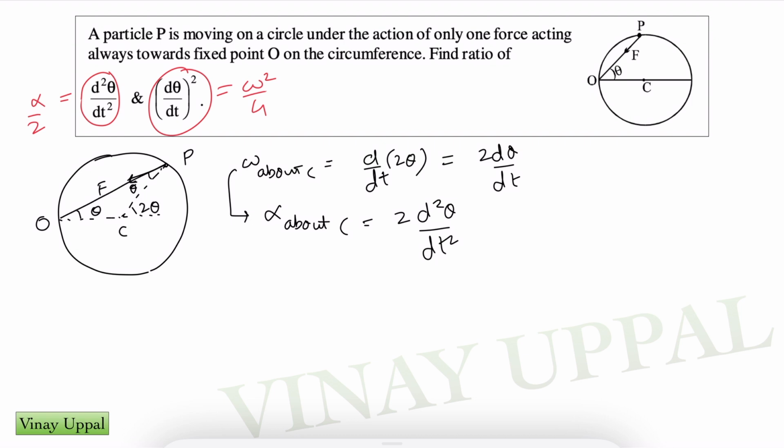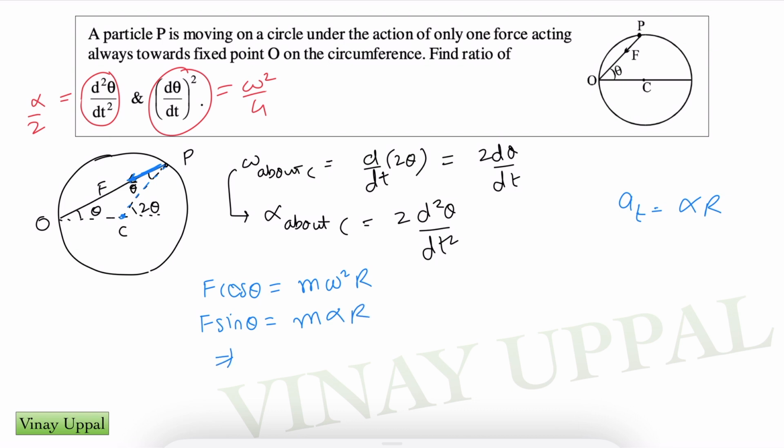Okay, now can I say that the component of this force towards the center would be f cos theta, which should be equal to m omega square into radius, and the tangential component of the force is f sin theta. The tangential acceleration is nothing but alpha times the radius, angular acceleration into radius, so that will be m alpha r.